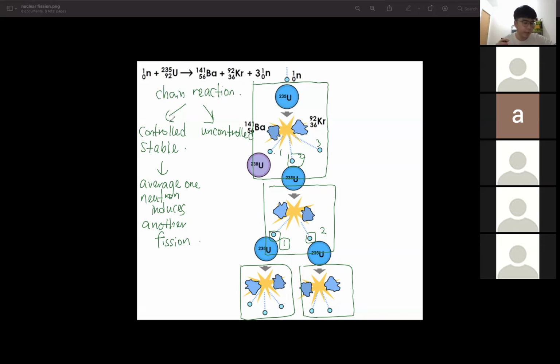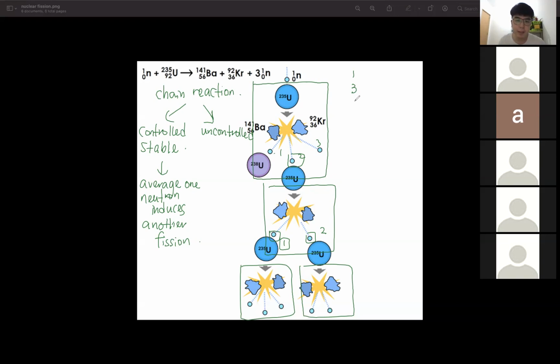Now, on the other hand, we have the uncontrolled chain reaction. Uncontrolled is when too many neutrons trigger fission. For example, the first fission gives off 3 neutrons, and each neutron triggers another fission, so you get another 3 coming out from each of them.